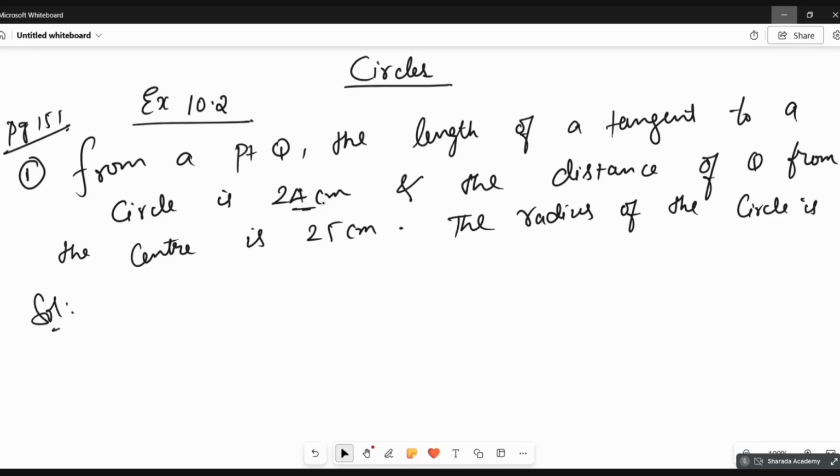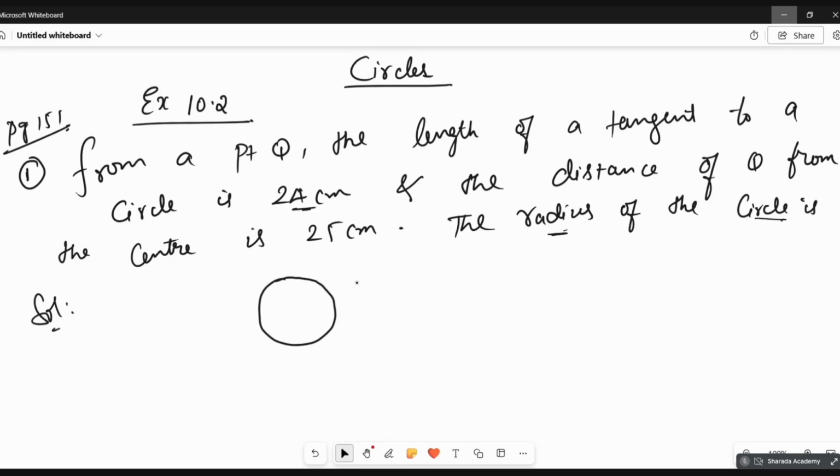First tell me whether Q is on the circle or outside the circle. External point. One key thing you will know is he is asking the radius of the circle. That means Q should not be on the circle, because if it is on the circle, then to the center it becomes radius. Correct? No, he is giving that.